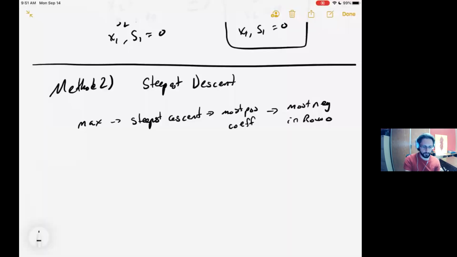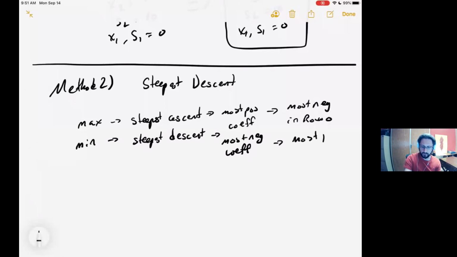If we want to turn this concept into steepest descent or a minimum problem, then we want to choose the most negative coefficient in the objective function, which corresponds to the most positive coefficient in row 0.